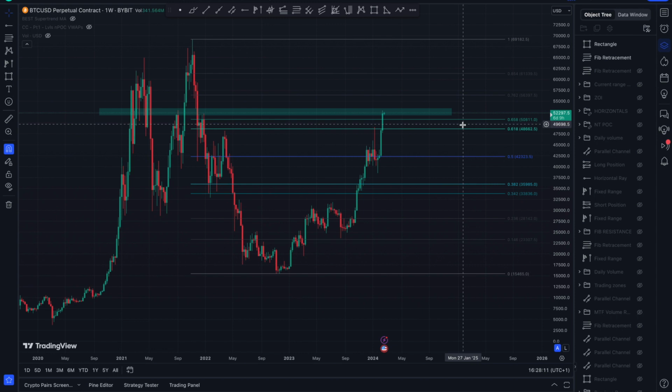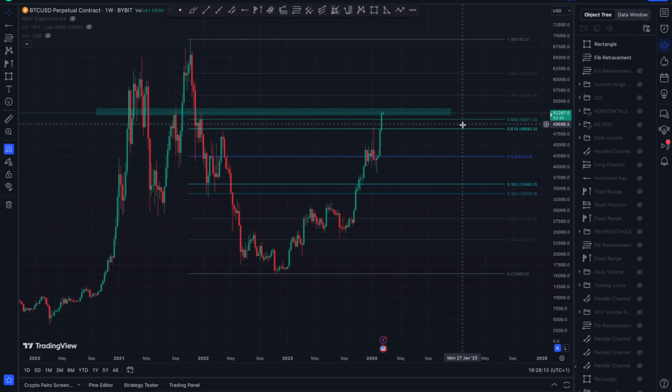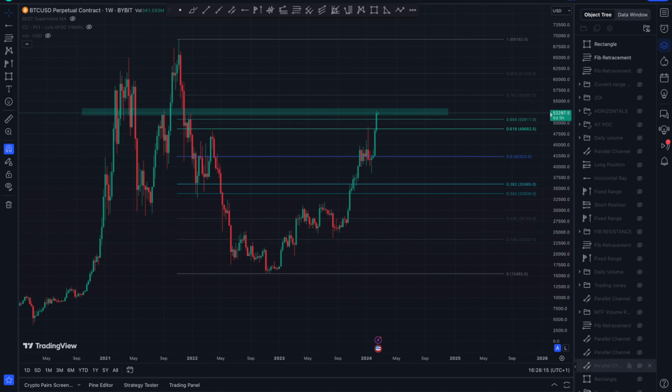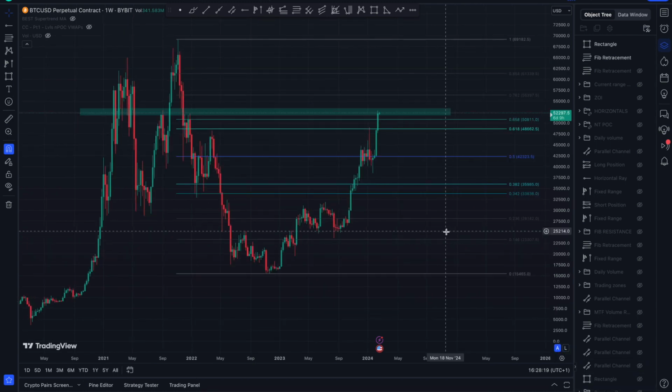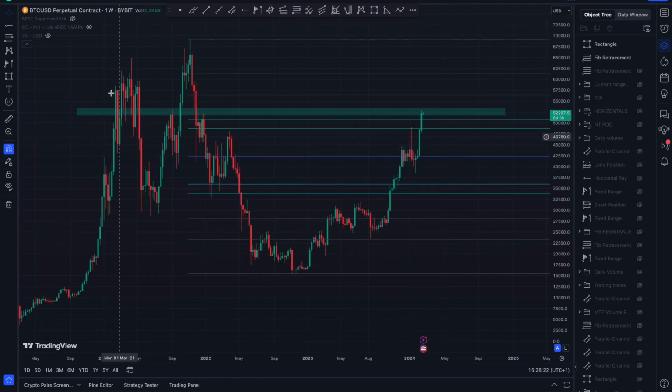And another thing I just wanted to say is look at the weekly chart, what's happening. Usually you can see at the highs what happened. So when we look over here, you can see that we had a reaction, right?